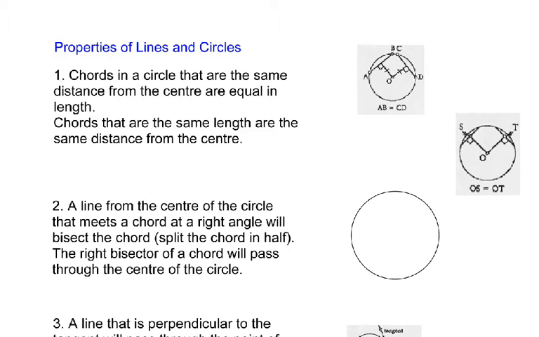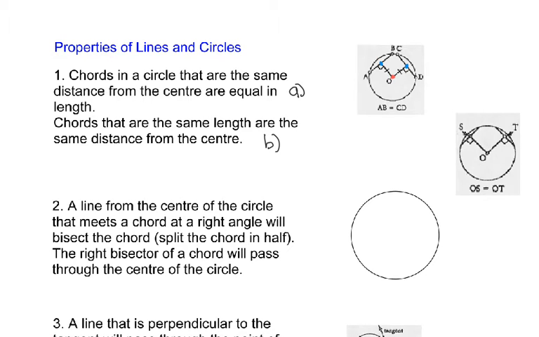Now what we're going to do is label each of these points. We'll call this point A and this one point B. So for 1A, it's basically talking about the distance of a chord from the center of the circle, and that's going to be focused on by this little dot and this little dot, all related to the center of the circle, which we find right here.